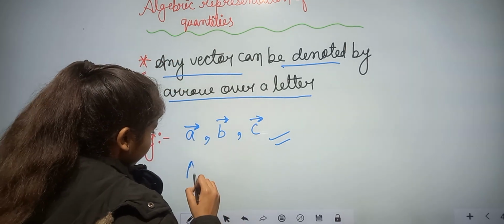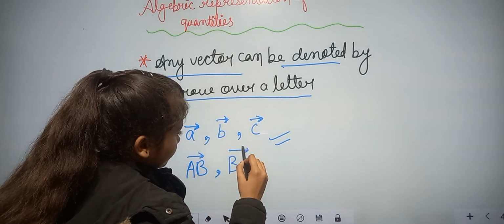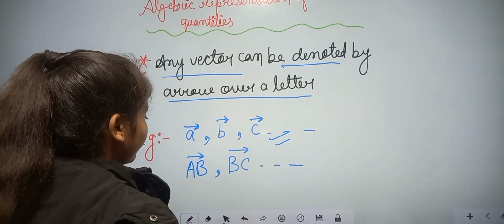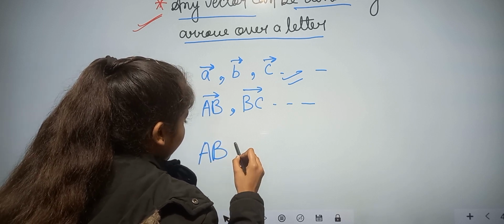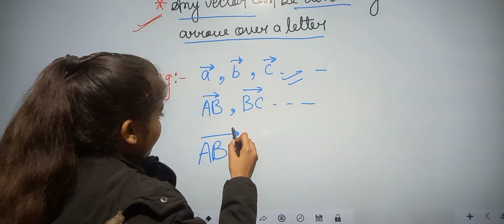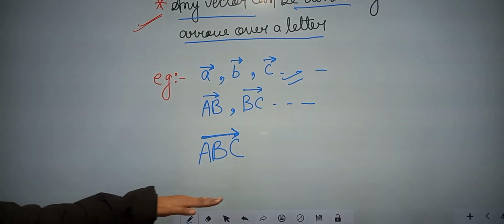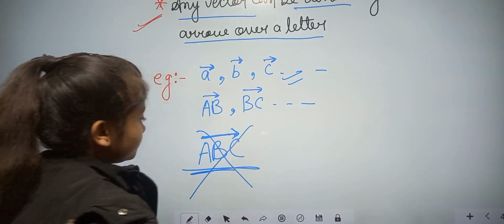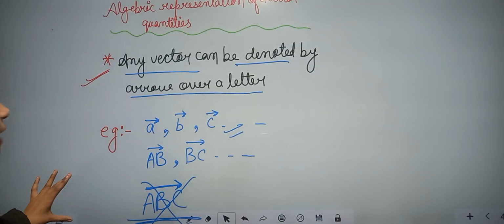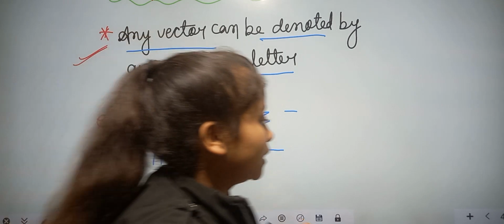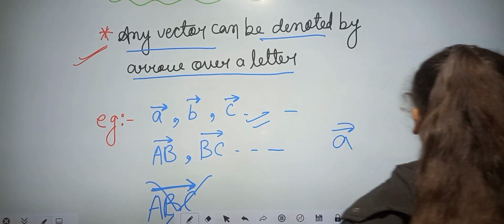And also we can write AB vector, BC vector, etc. Okay, but remember, we can never write A, B, C with the arrow not over a letter. This is not possible. So this is our first point, that any vector can be denoted by an arrow over a letter. It means we first write a letter and draw an arrow over it like this.